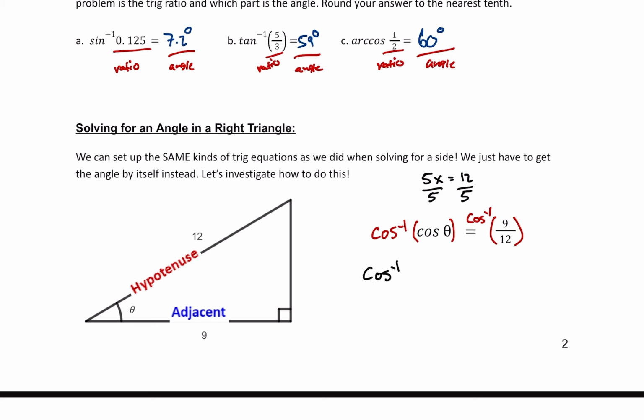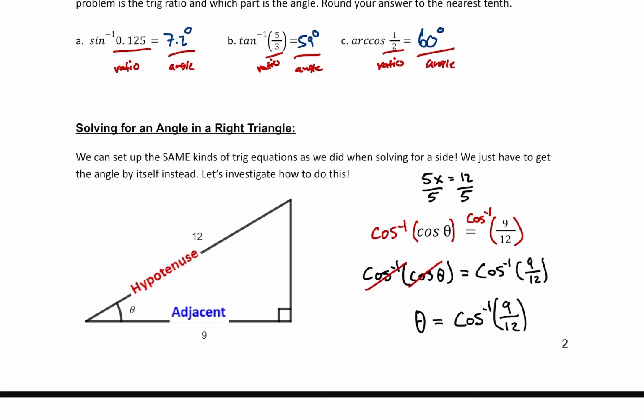I'm just going to rewrite this so we see it a little clearer. I have the inverse cosine of theta. That is equal to the inverse cosine of 9/12. Okay. And now I've got the inverse cosine of cosine. Those are inverses of each other, so they're going to cancel each other out. And that's going to leave me with theta is equal to the inverse cosine of 9/12.